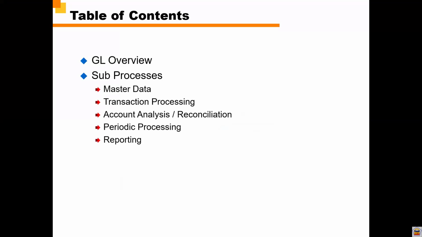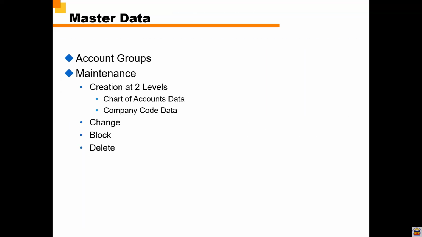Then we will be having the periodic processing, monthly processing, month end activities which we need to carry out, like foreign currency valuation, like posting of some document, accrual document, which we do in the month end. And finally, we'll be generating the reports from the system for the internal external reporting.